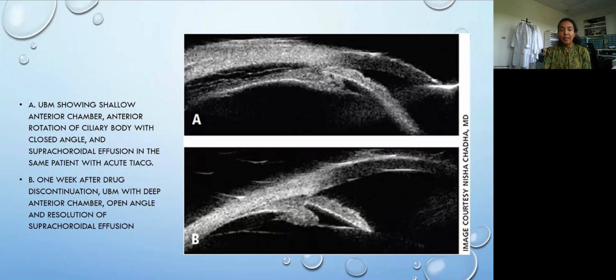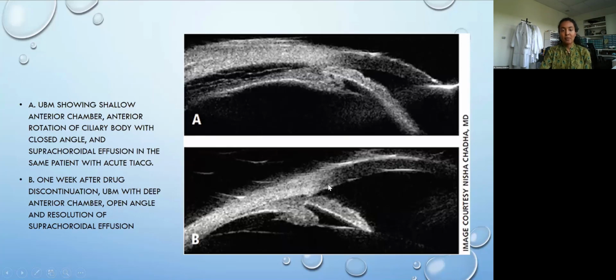So here's a UBM showing shallowing of the anterior chamber and also this anterior rotation of the ciliary body with a closed angle, and also suprachoroidal effusion in a patient with Topamax-induced acute angle closure glaucoma. And so what this patient did was they stopped the medication.